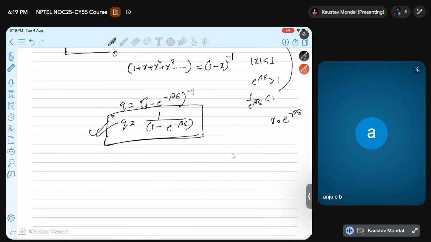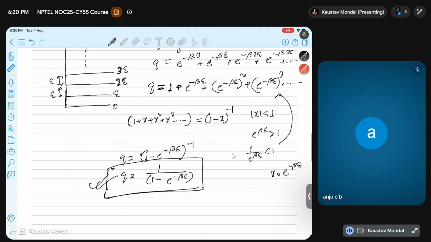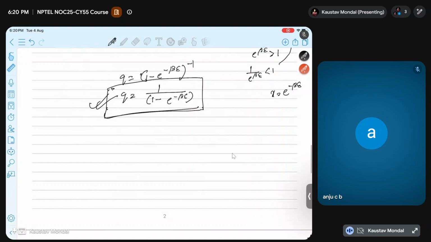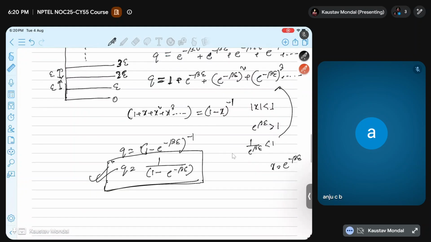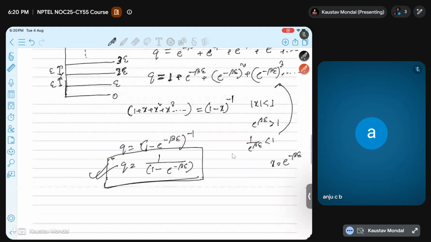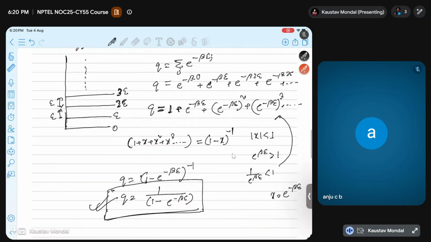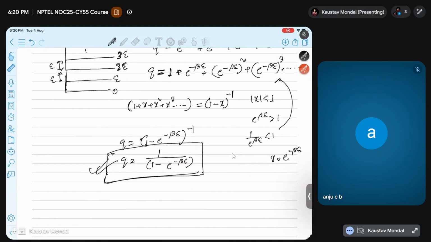Since the series is convergent, we can do this sum. If it had increasing values of degeneracy, we could not use this closed form. The given condition is that each energy level has a degeneracy of 1.